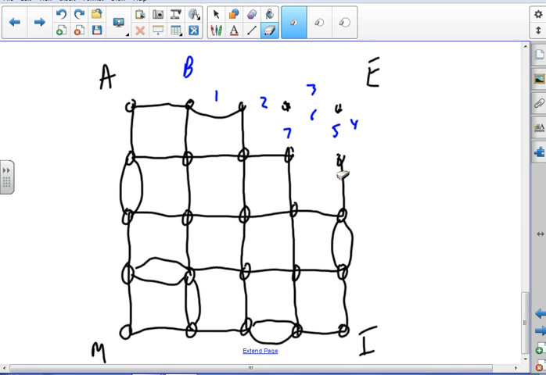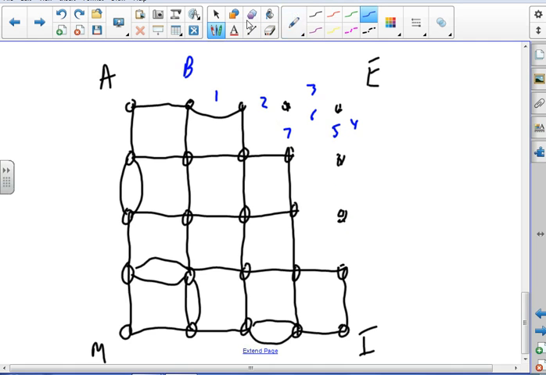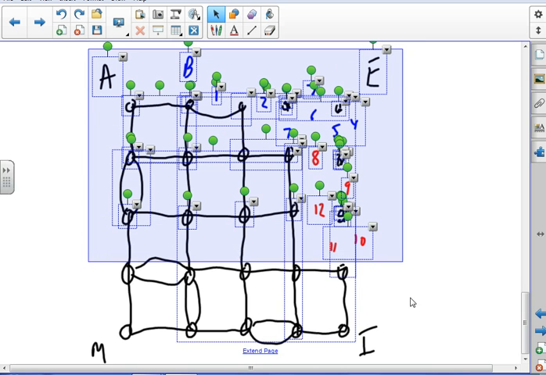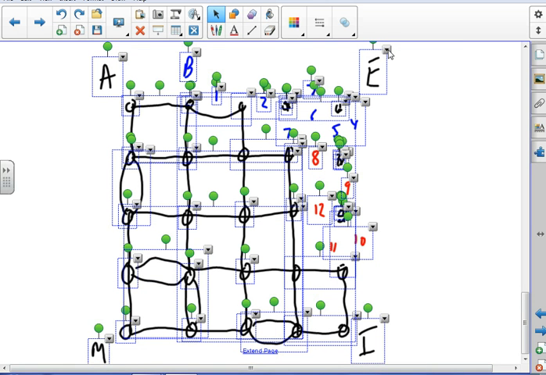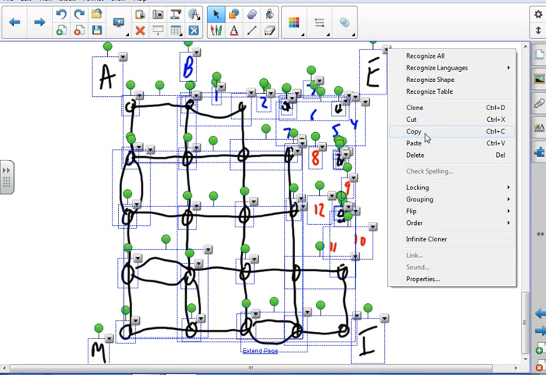8, 9, 10, 11, 12. 8, 9, 10, 11, 12. Copy.